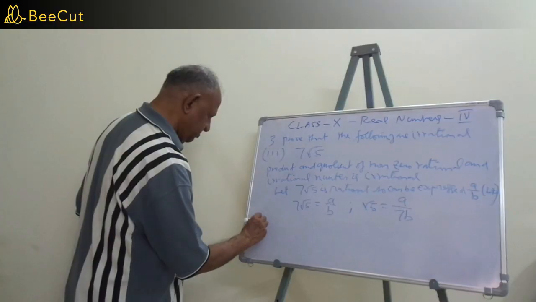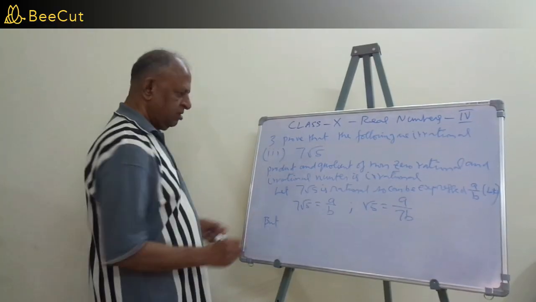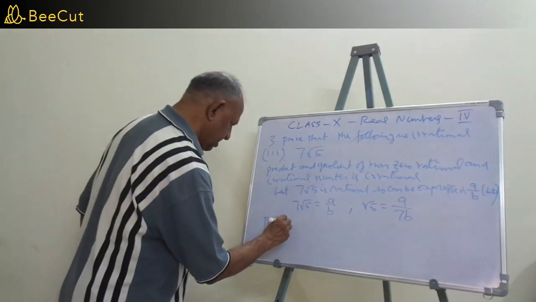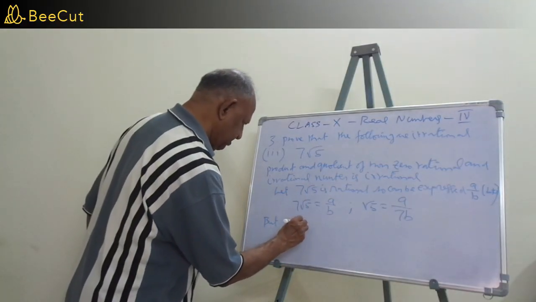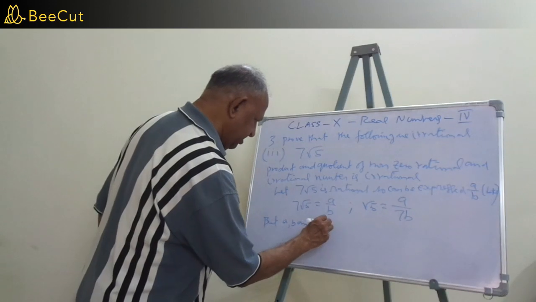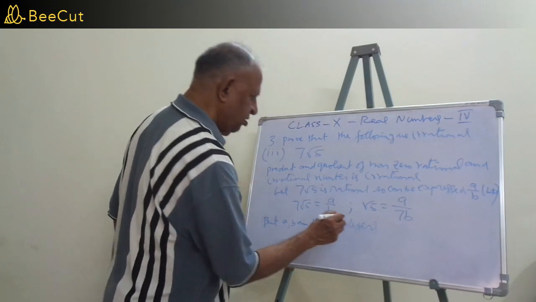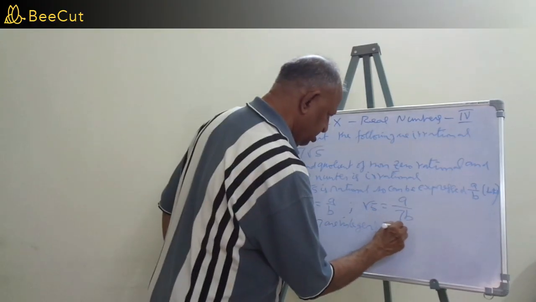But on the right hand side, a, b and 7 are integers. So it is rational.